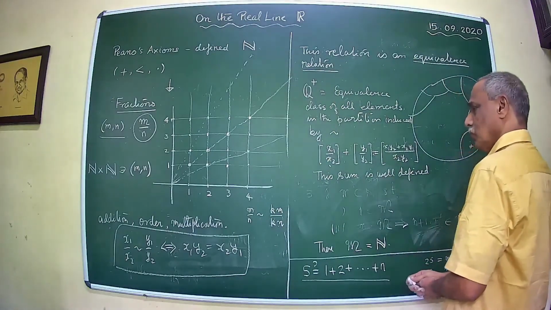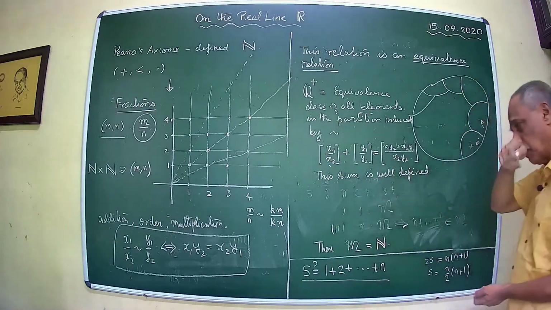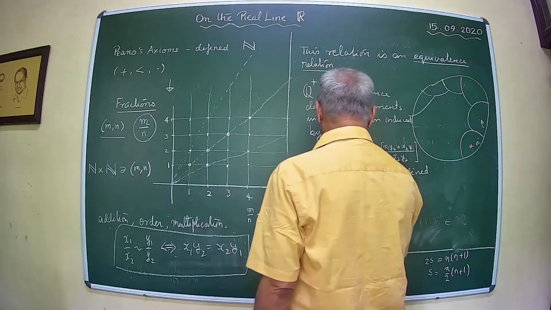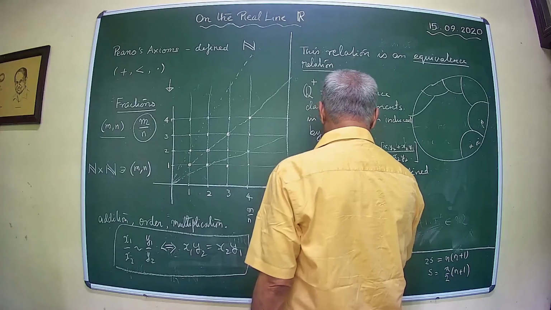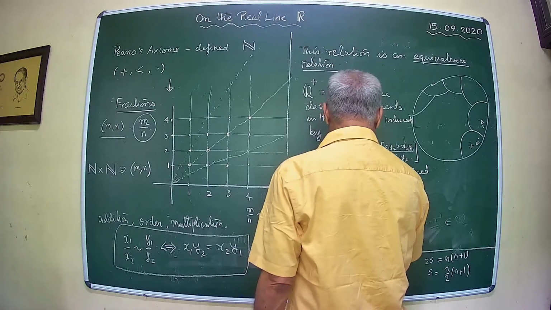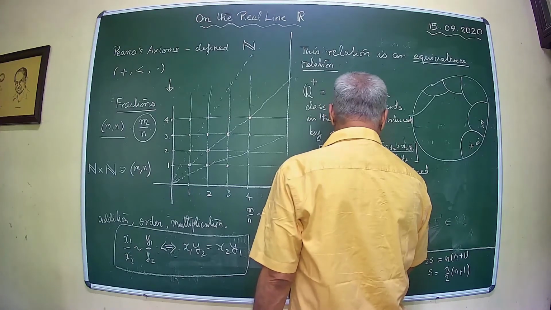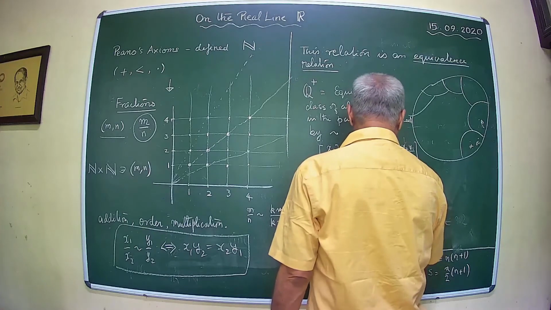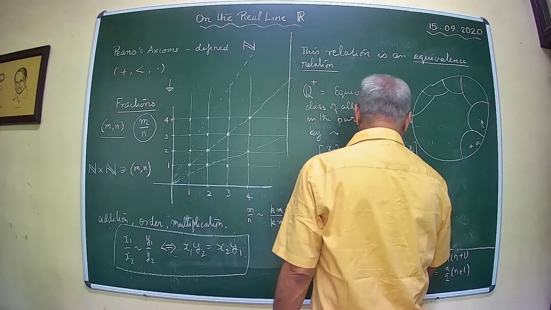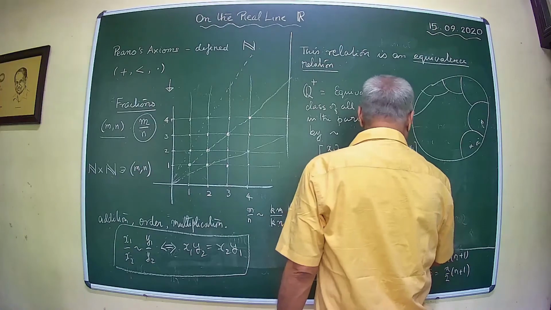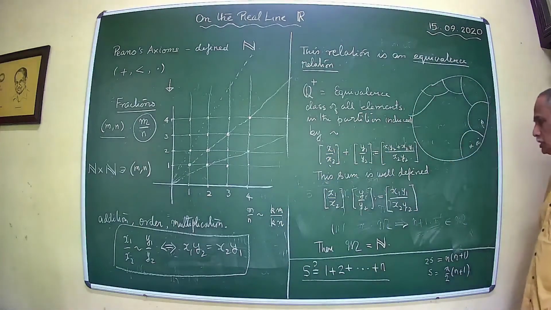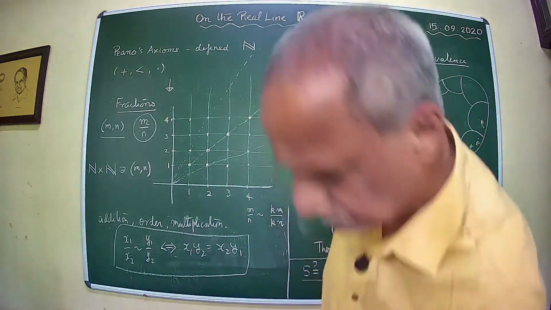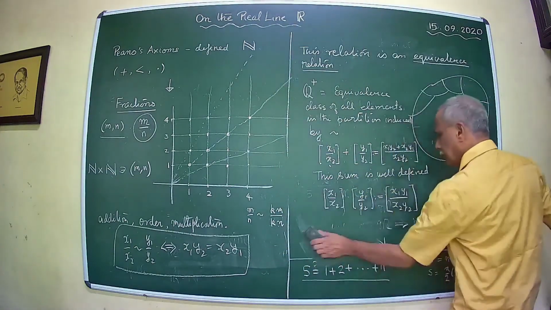Similarly, you can show that with this kind of relation, the product is defined in this block. This is also making sense, for the same reason.